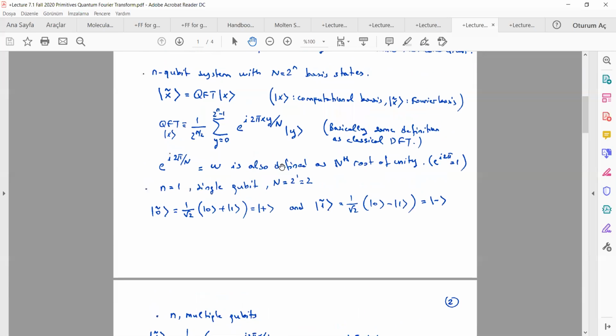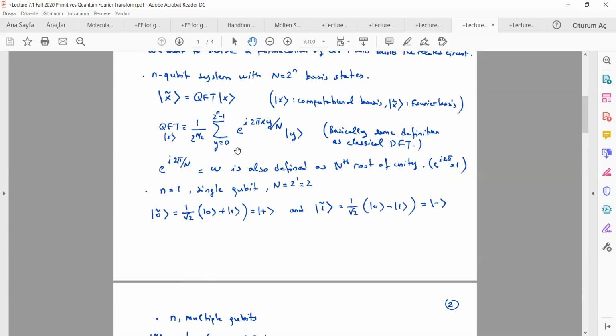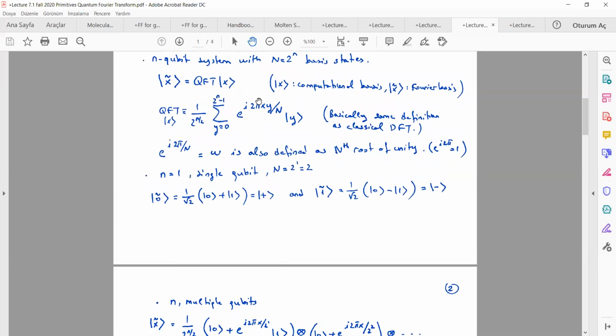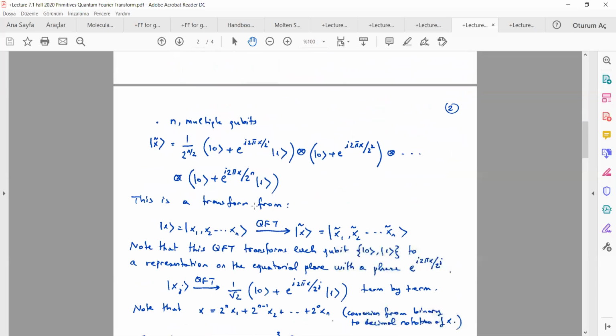I'm now writing out this expression for the quantum Fourier transform. I'm expanding this because I'm summing over ket y, all combinations of ket y. Now I'm expanding this assuming I have in the input a quantum state ket x.